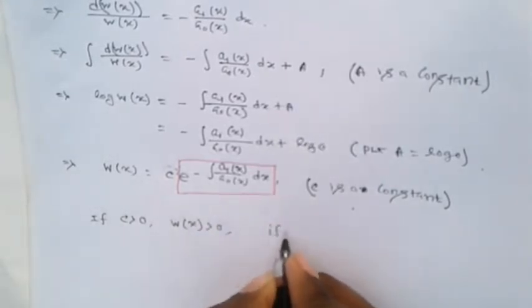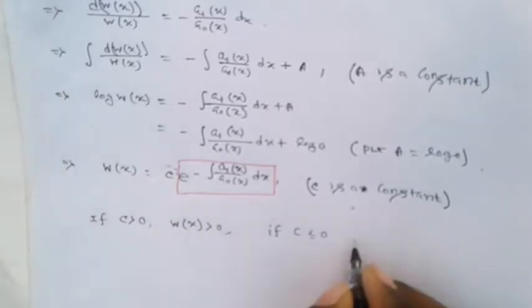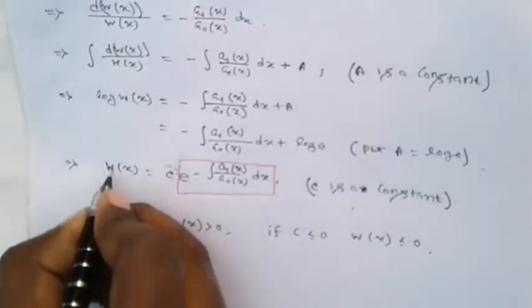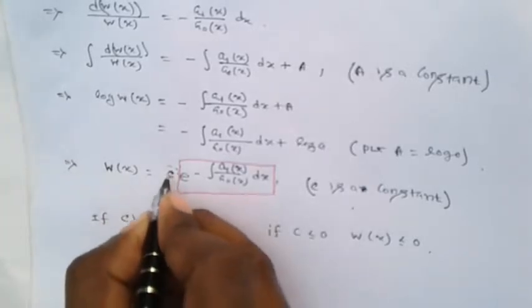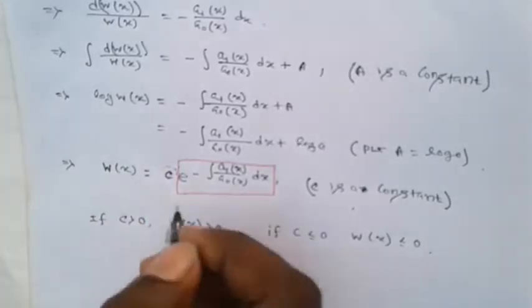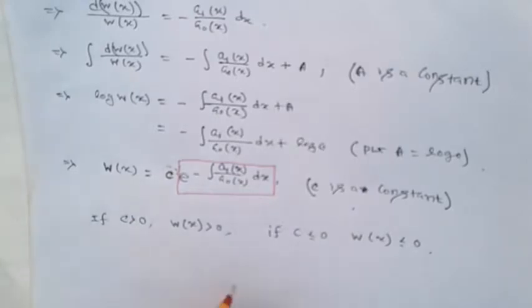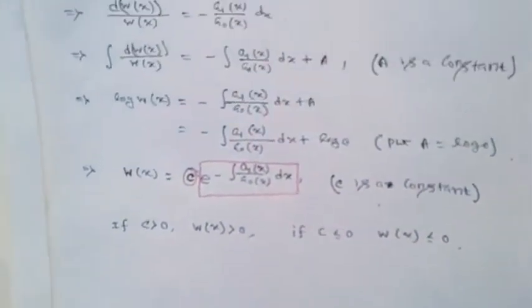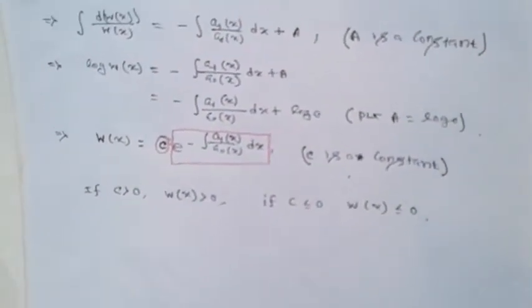If c is less than or equal to 0, then the Wronskian is less than or equal to 0. So the sign of the Wronskian totally depends on this c. This is more clear if we solve a problem.